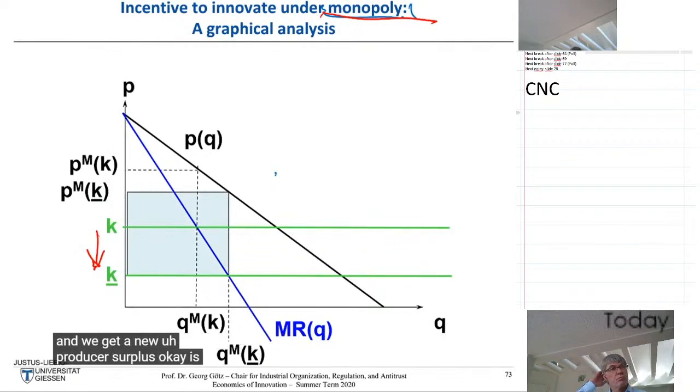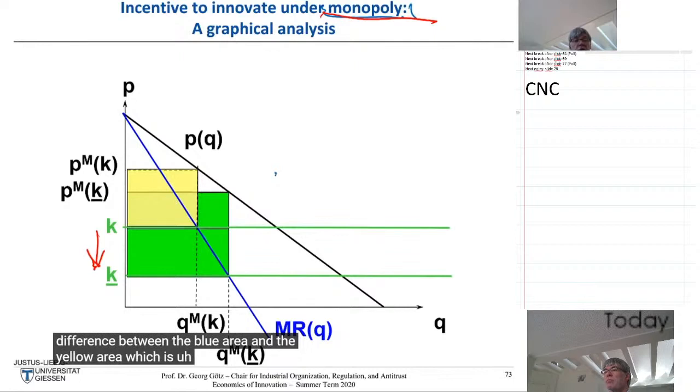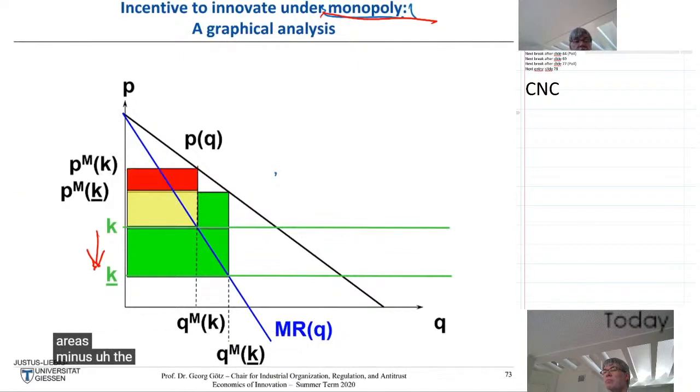Okay, is this new producer surplus, this new profit, the willingness to pay for the innovation? No, it is not, because we gain something, this new profit, but we lose something, this old profit, this yellow area. Our willingness to pay is just the difference between the blue area and the yellow area, which is the green areas minus the red areas.